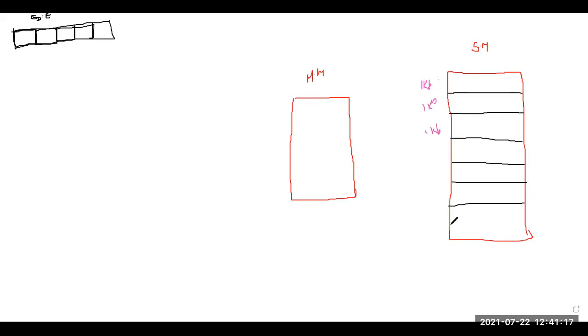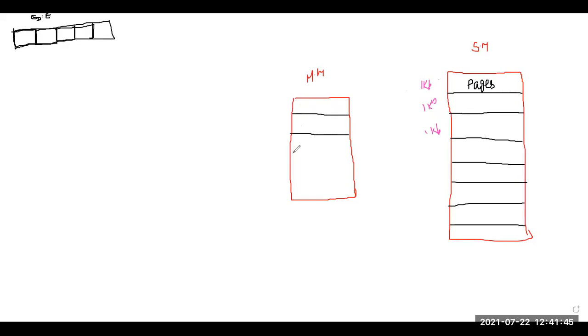If this point is clear, your secondary memory will be divided into blocks of fixed size partition, all of the same size, and these blocks are called pages. Fine. Similarly, the main memory is also partitioned into fixed size.